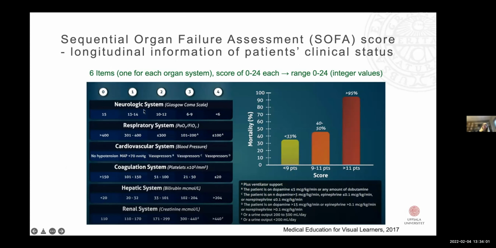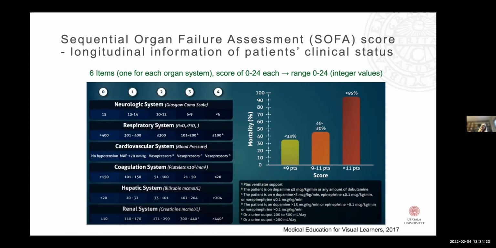And each organ system you score from 0 to 4, so 5 different scores. So the total score for SOFA goes from 0 up to 24, where 24 is the worst, and with 0 you're fully healthy.